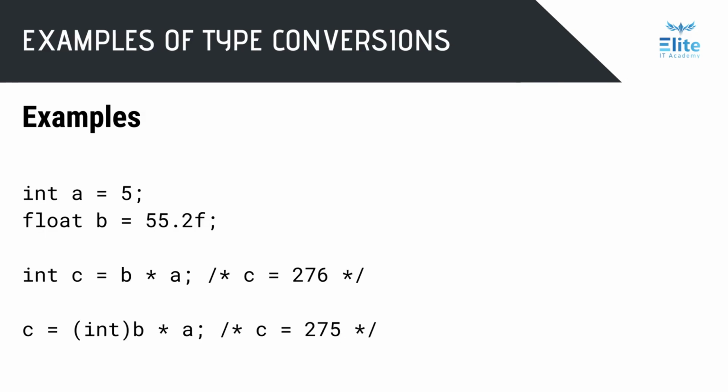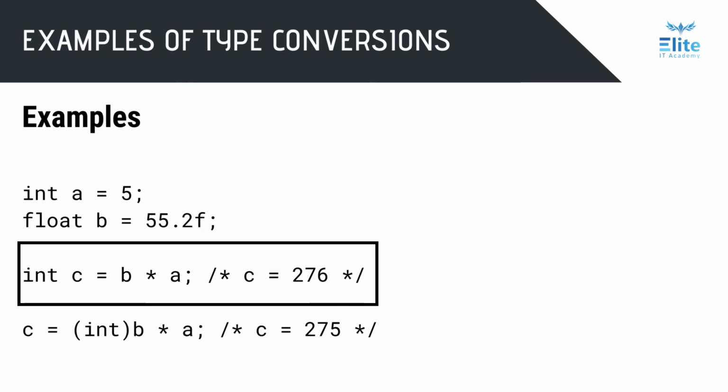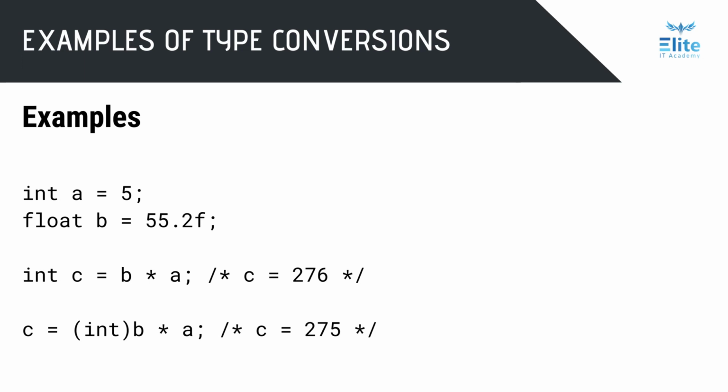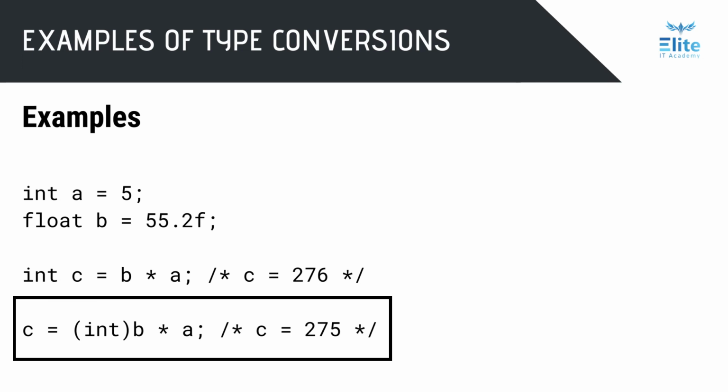Here are some examples of implicit and explicit type conversions. In the example shown, the third line performs an operation with operands of different types. Here the value of b is promoted to a double, so is the value of the int a. The multiplication results in the double value 276, which is then demoted and stored in the integer L value C. In the following operation, the float variable b is demoted to an int value, so it loses its fractional part.